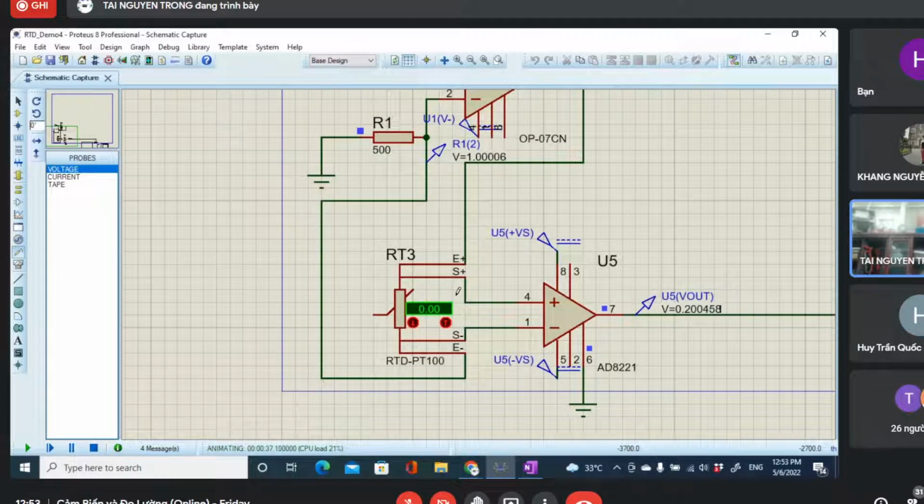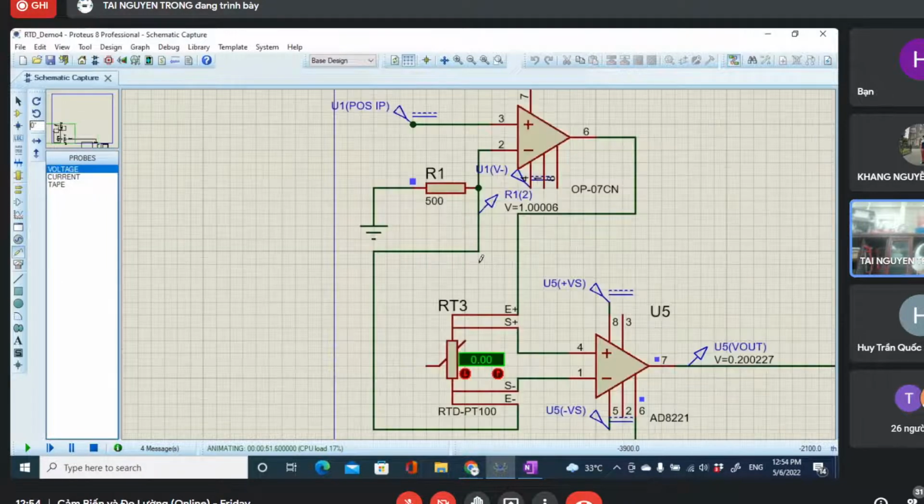And how much is the voltage? I don't know, correct or not? Let's check again. Okay, in this case, it's 1 volt here, 1 volt here.